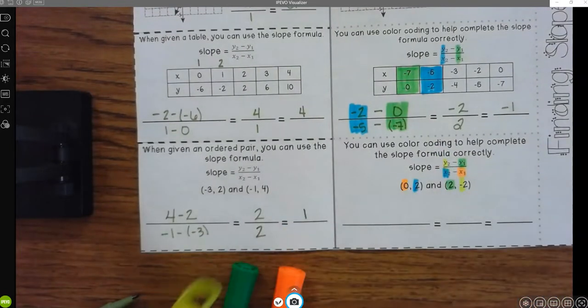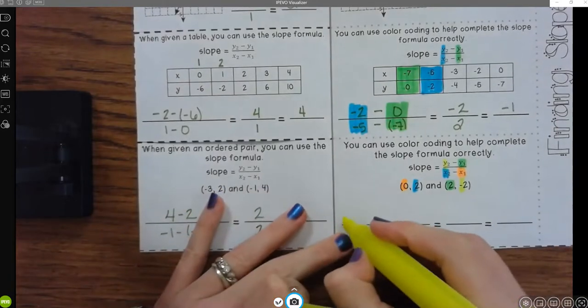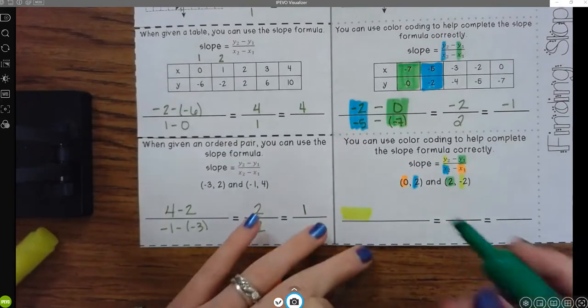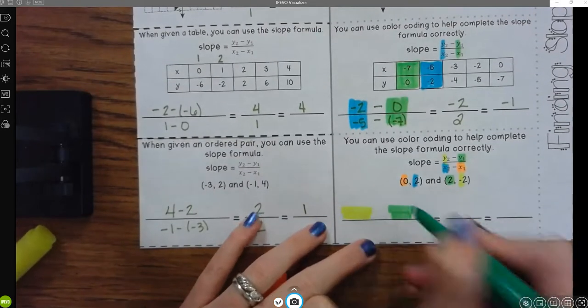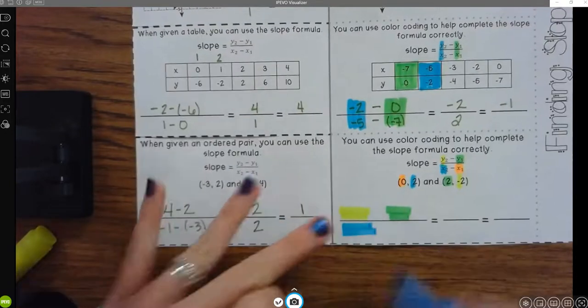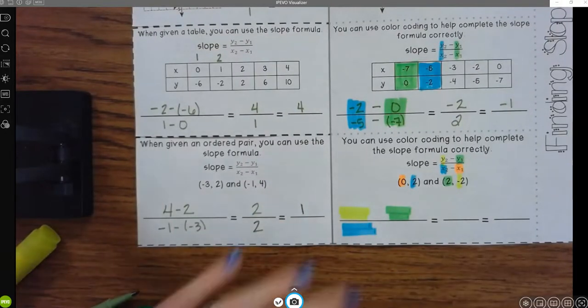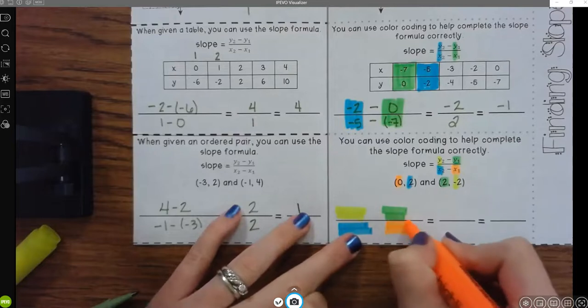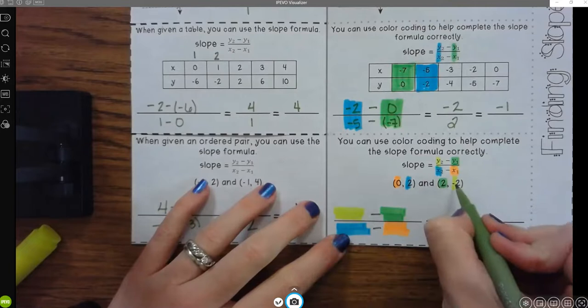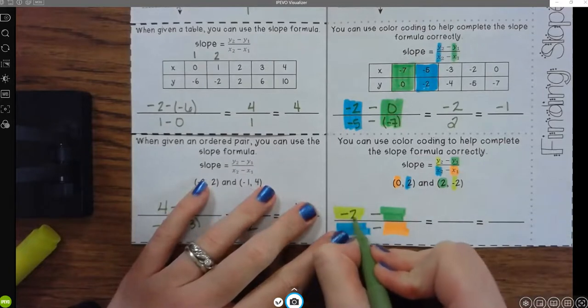And so you can, again, color code where you're going to put your numbers, so it's easier to plug your values in. So you just match up colors.